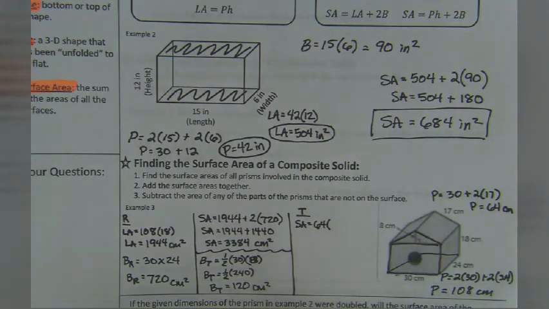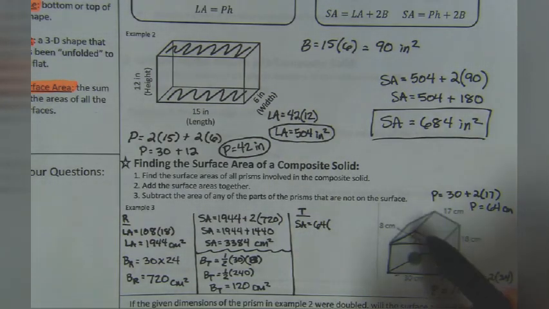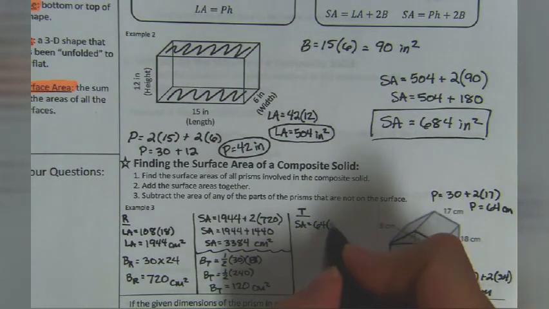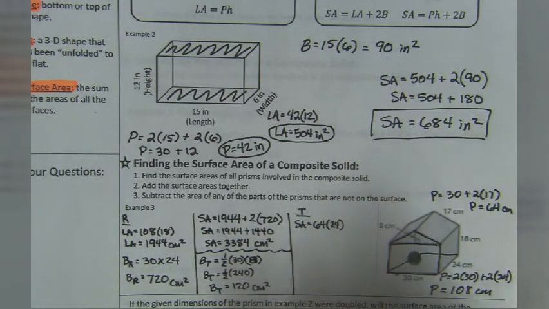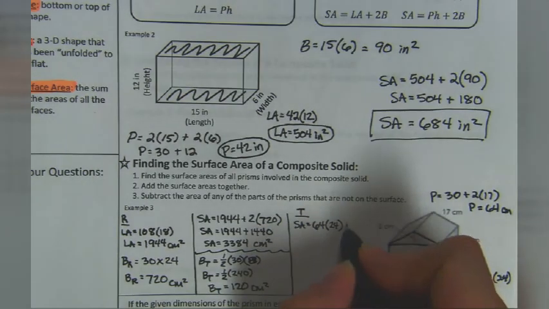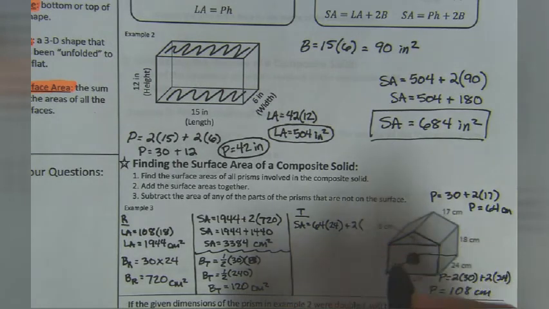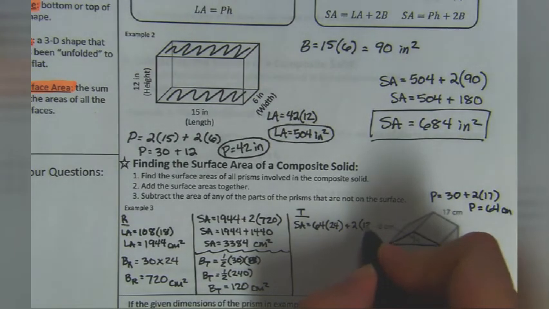So I was jumping ahead one step. Okay, so we need to do 64 times the height here, which is the same as this. So it's 24. Okay, plus 2 times our base. Our base was 120.